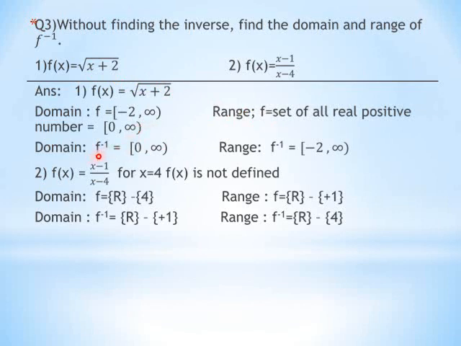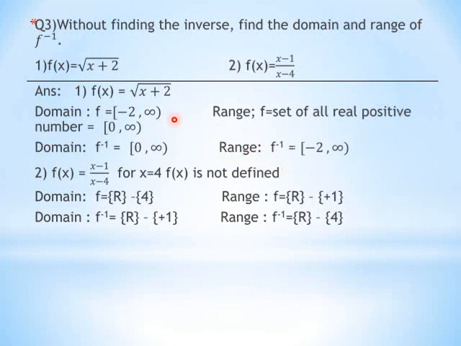And the domain of f inverse, for example, if you need to find f inverse, the domain of this is minus 2 to infinity. So it will become the range.